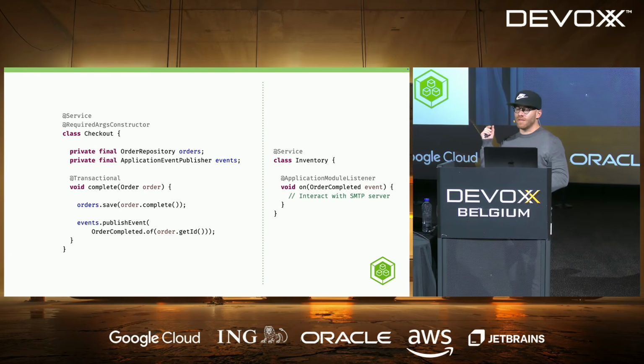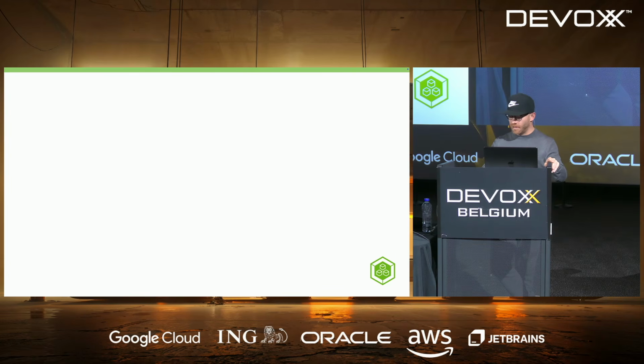Right? So if you see this kind of annotation in your code base, you know, okay, this thing is listening to an event of another module, and it's running completely asynchronously with the event publication registry applied. And I think I would like to show that to you in a demo.